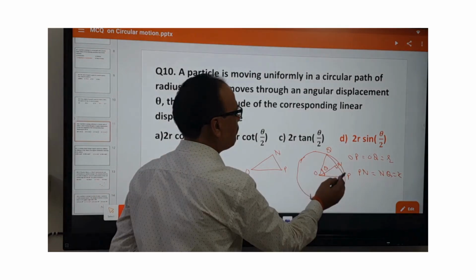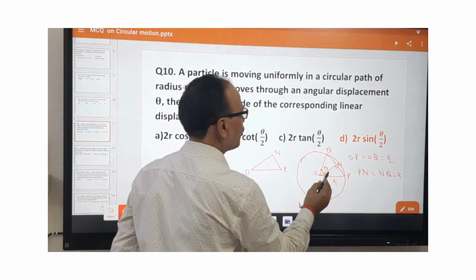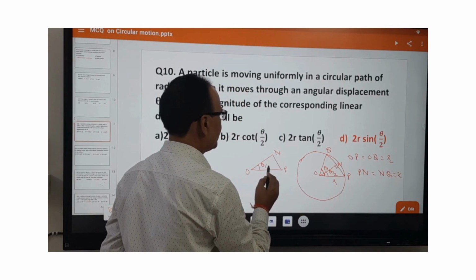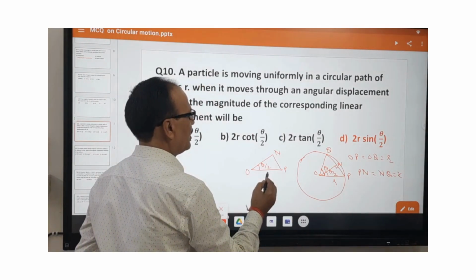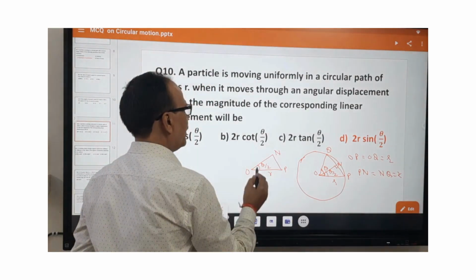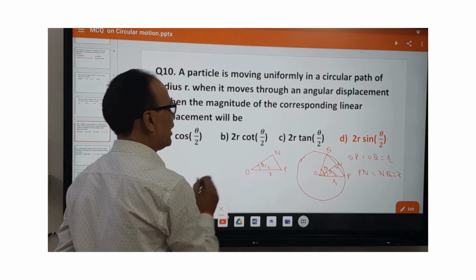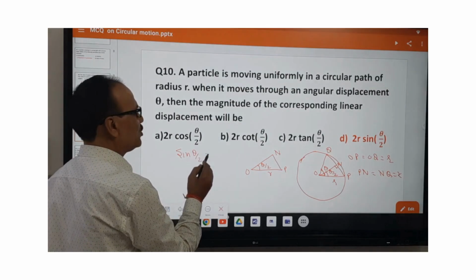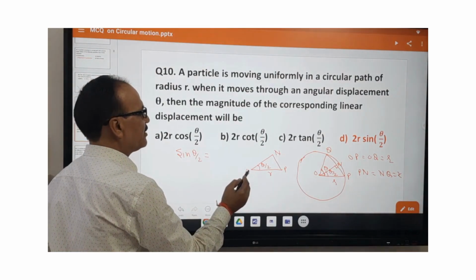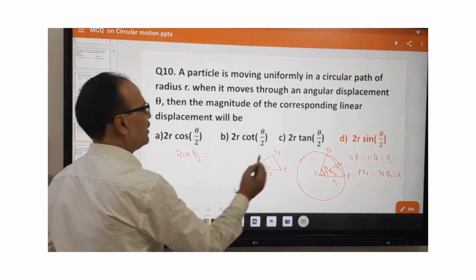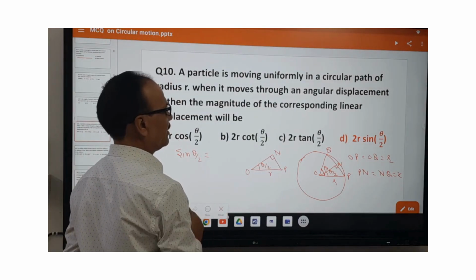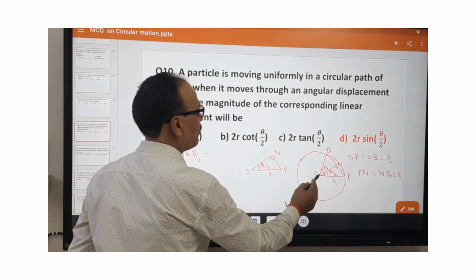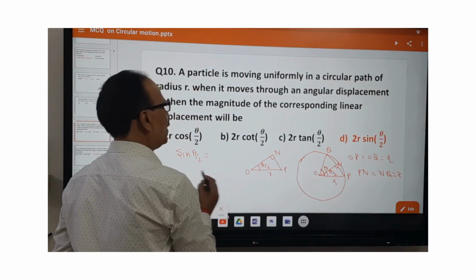This angle POQ is theta, therefore angle PON is equal to theta upon 2. This angle is theta by 2. This is R. So sin theta by 2 is equal to, in triangle OPN, this is a 90 degree angle, because we have drawn a perpendicular from point O to PQ.